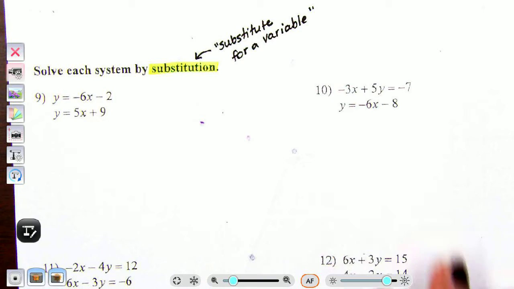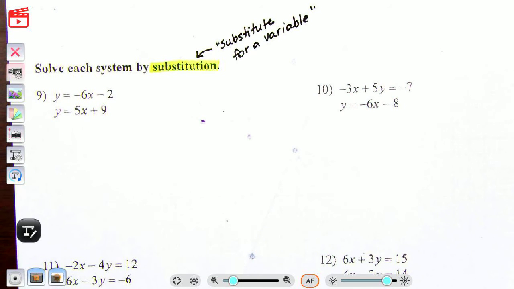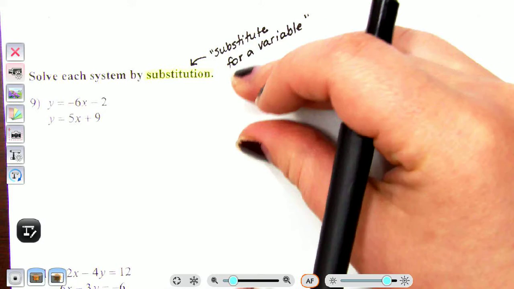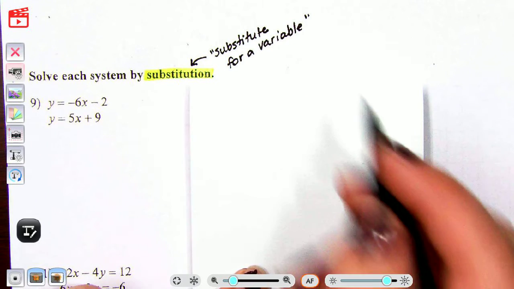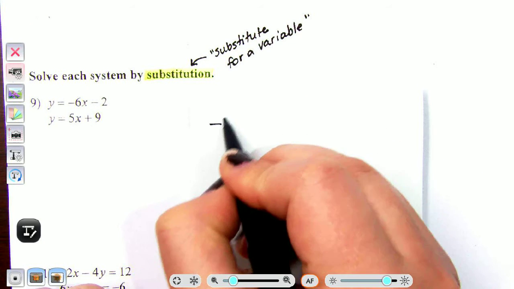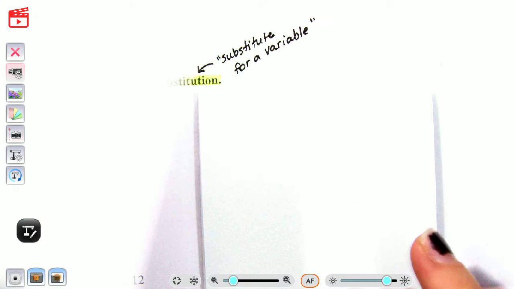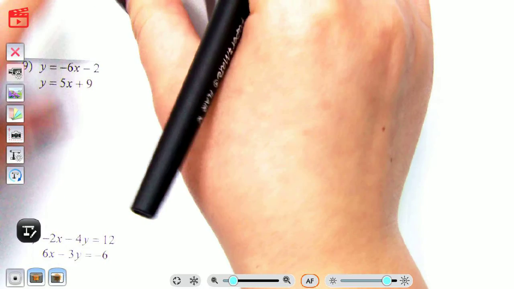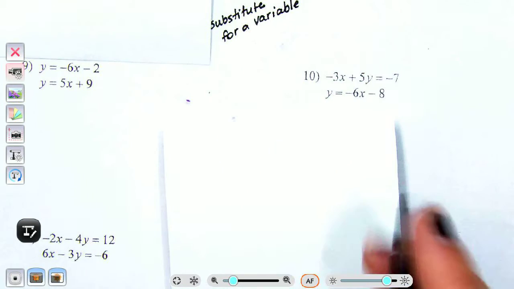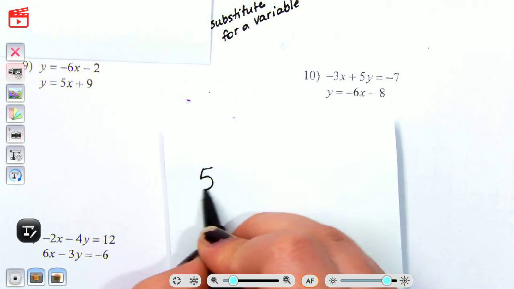Here I have negative 6x minus 2. Right here, negative 6x minus 2. Here I have 5x plus 9.